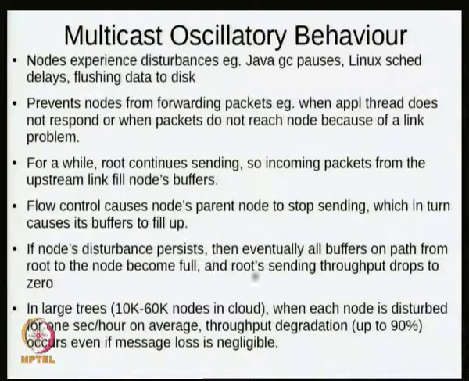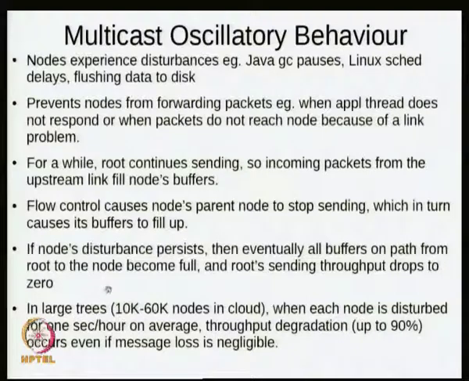Essentially all the buffers on the path from the root to the node become full, and the root sending throughput drops to very low values or 0. Once that disturbance passes away, they will slowly come back towards the normal situation. It takes time. So it goes on oscillating between reasonable throughput and very low throughput, and this keeps happening all the time.